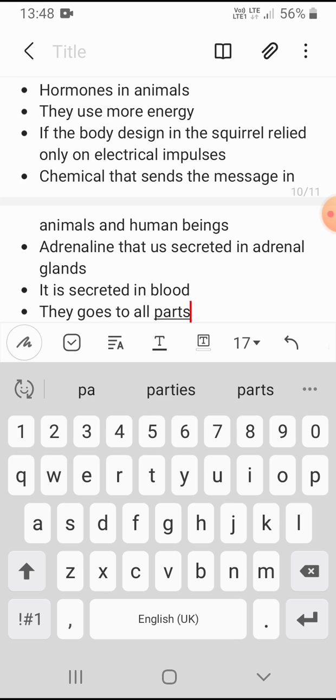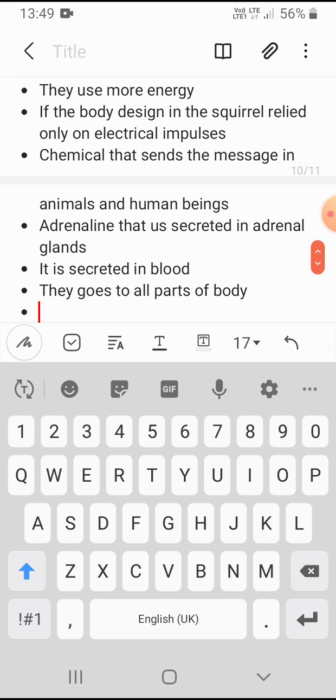As you know, in all parts of the body there are nerves. From there the message will come, or the message will go. So the control.